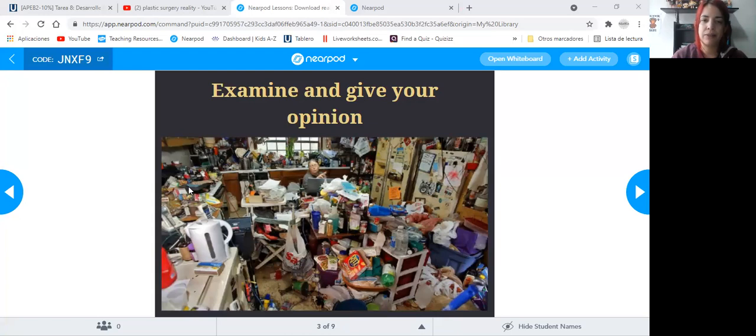Okay, so as you can see, we have a picture here of a room. Maybe you can identify which room it is. Yes, maybe Fabi, a kitchen. What makes you think that this is a kitchen?